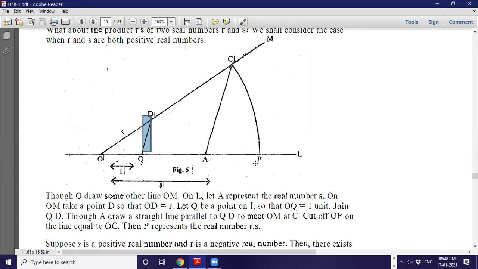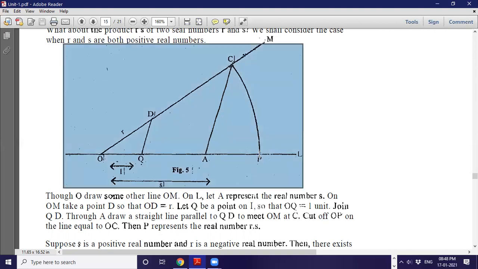Through A, we draw a straight line parallel to QD, and it cuts off OP at A. That is AC. Now cut off OP on the line equal to OC. Then this P represents the real number RS.